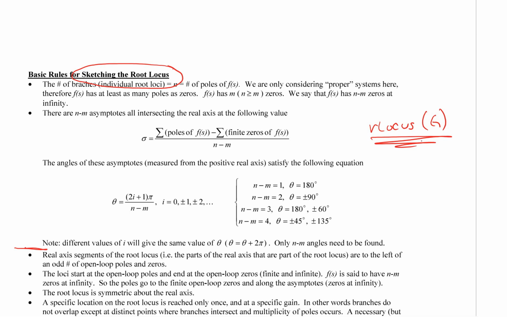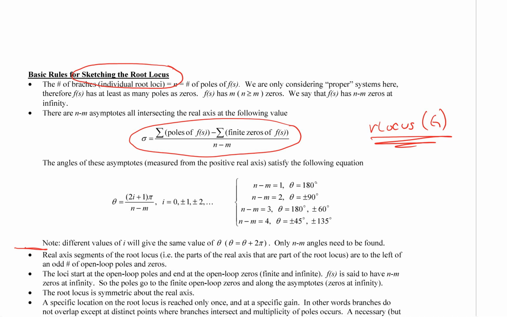Then we're going to look at where the asymptotes of those branches going to infinity intersect the real axis, which is this equation: the sum of the poles minus the sum of the zeros divided by the number of poles minus the number of zeros.